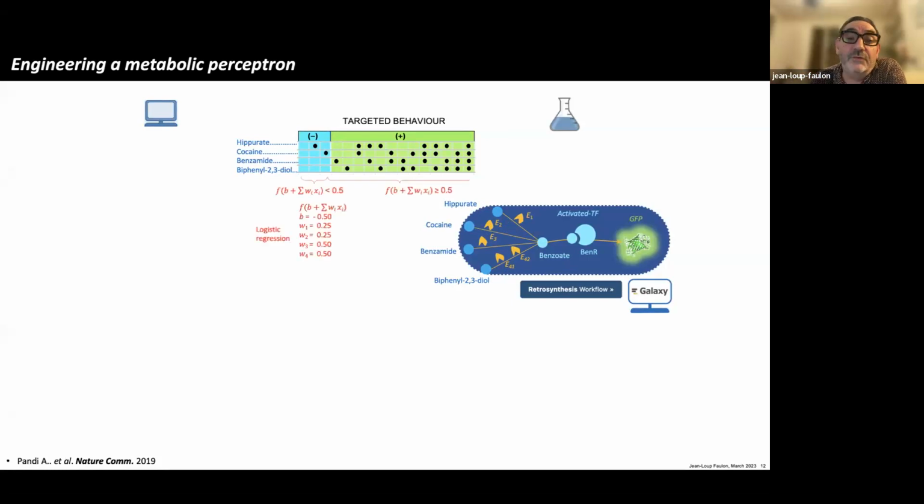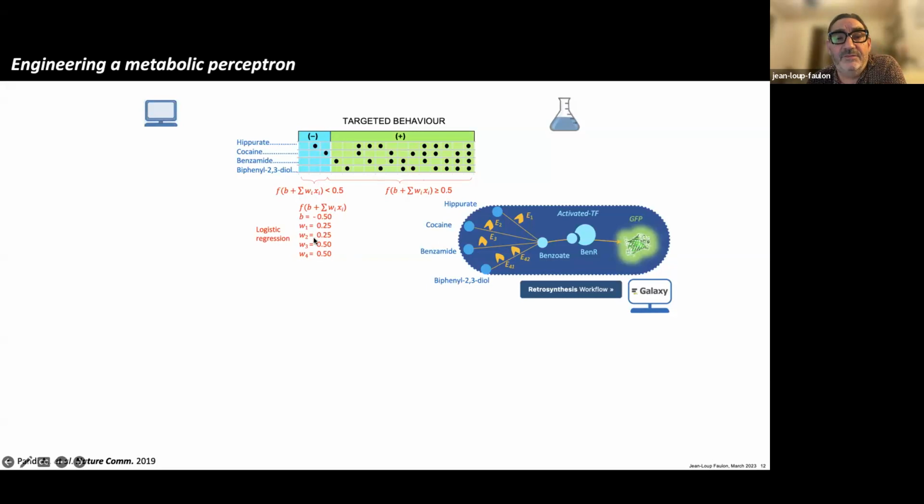Now we also need to find the weights, and this is a simple logistic regression. You can find off-the-shelf software that can do that for you once you define the positives and the negatives. And here's a set of weights that will tell you that when the sigmoid function is below 0.5, it's going to be negative, and when it's above 0.5, it's going to be positive.